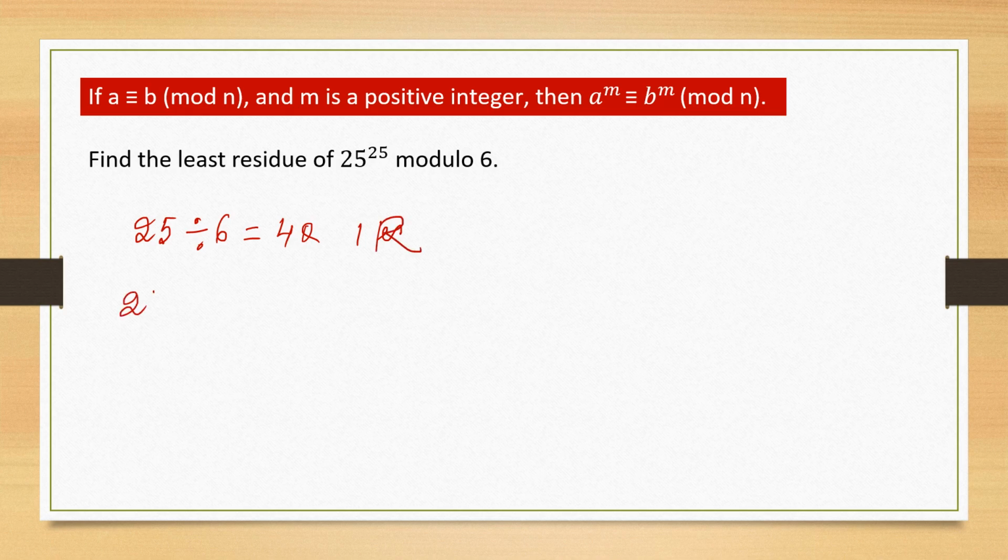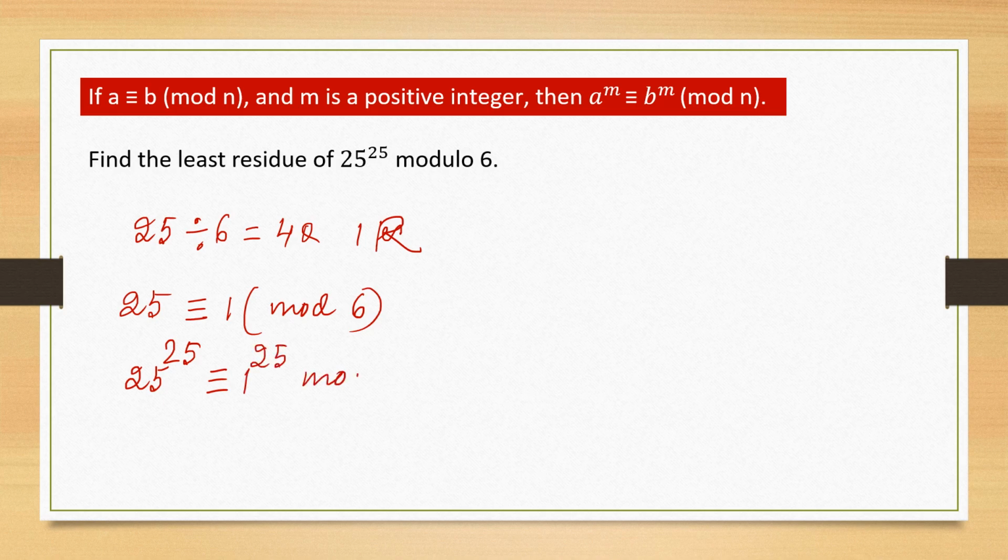So 25 is congruent to 1 modulo 6. So 25 raised to the power 25 is congruent to 1 raised to the power 25 modulo 6. 1 raised to the power 25 is again 1 modulo 6. So 1 is the least residue.